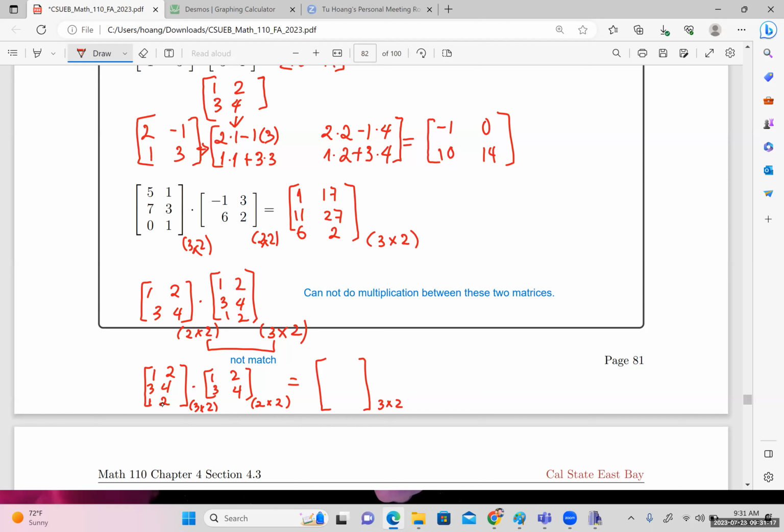So note that in multiplication between two matrices, A times B is not equal to B times A.